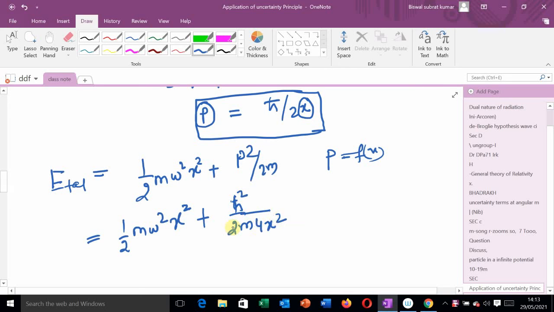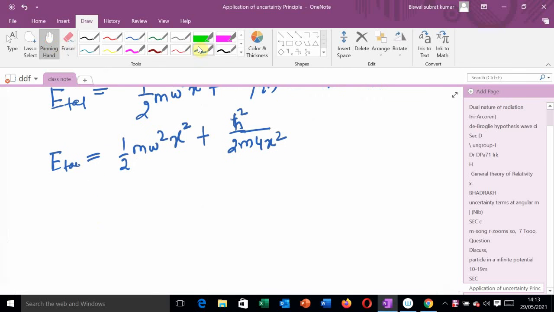This is the expression of the total energy. Now you can see the total energy has become a function of position only.